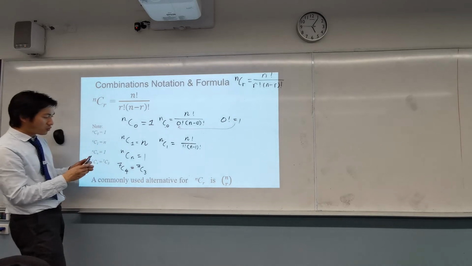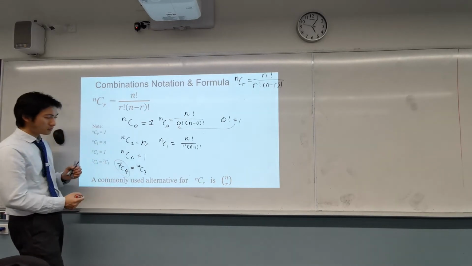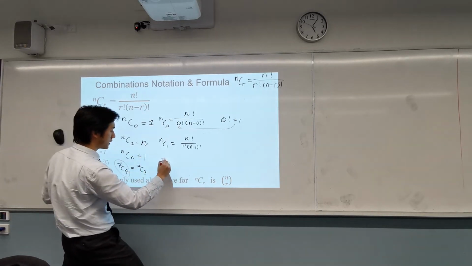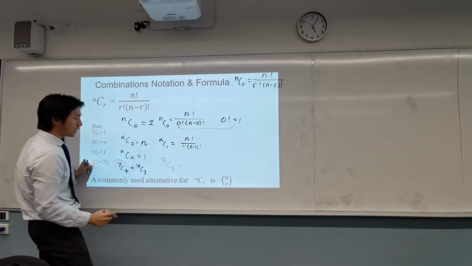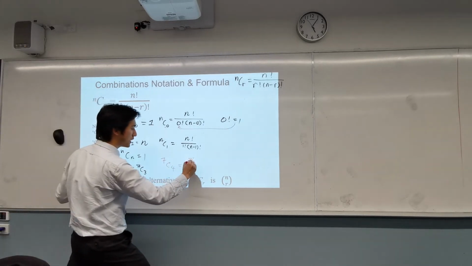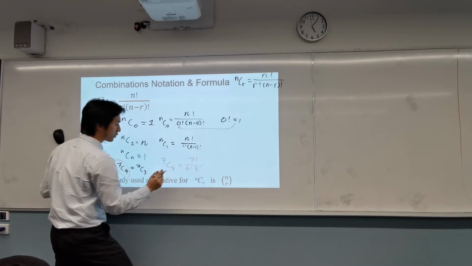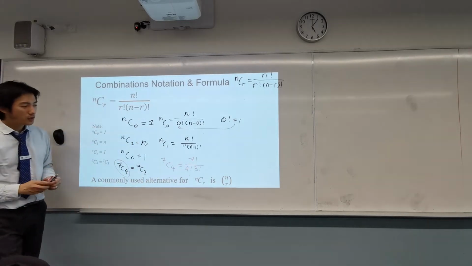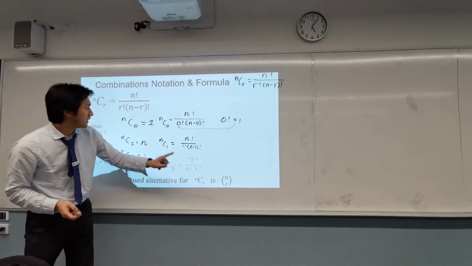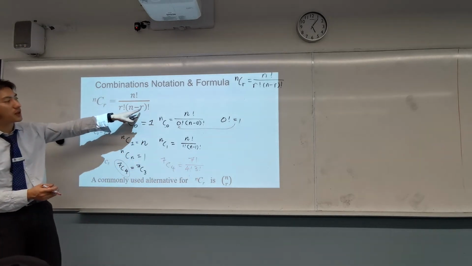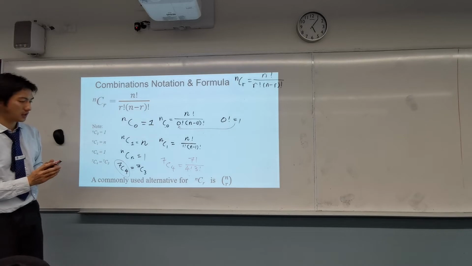Okay, so if I'm going to write out 7 choose 4 as a formula, 7 choose 4 is equal to 7 factorial divided by 4 factorial times 3 factorial. I got the 3 from finding the difference between the total number and the number of things you choose.